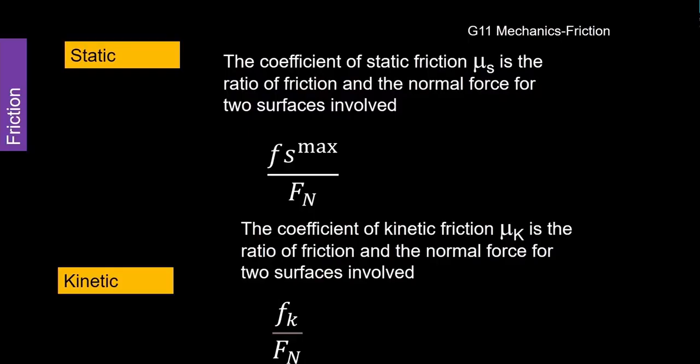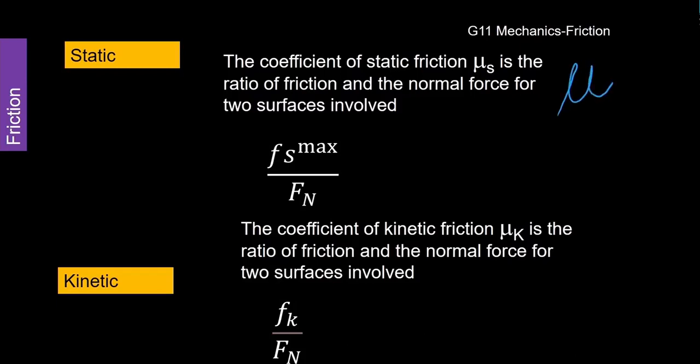So what we can do is we can change things around and we can pop in a coefficient. It is a constant, and you've come across constants before. And the constant for kinetic friction and the constant for static friction is this symbol here. So it's a mu. It is a Greek letter.